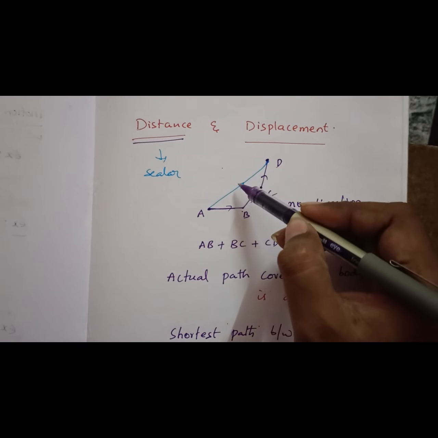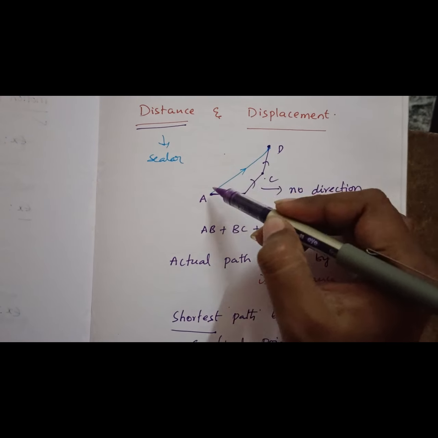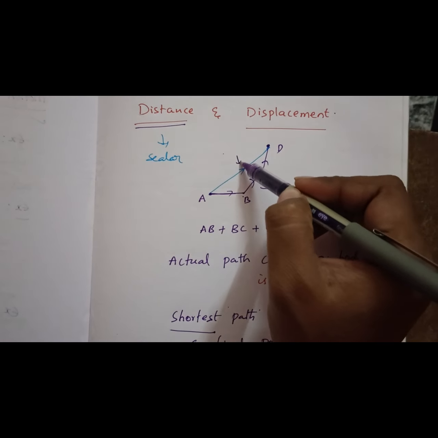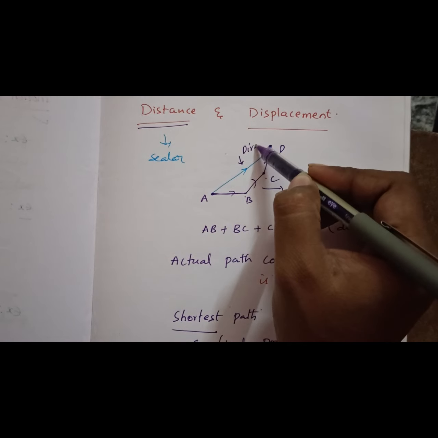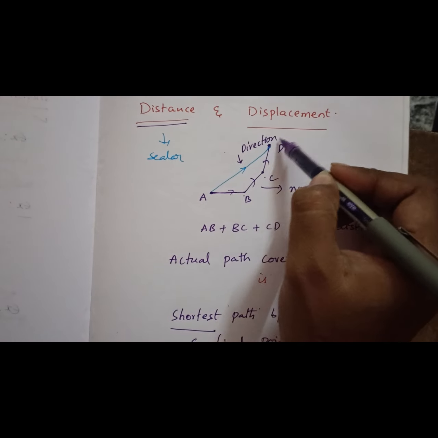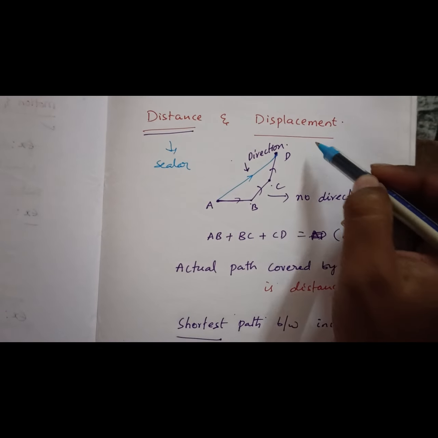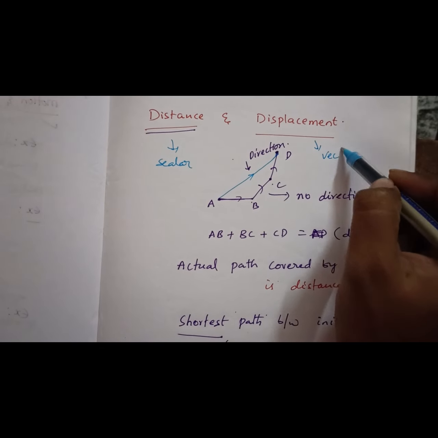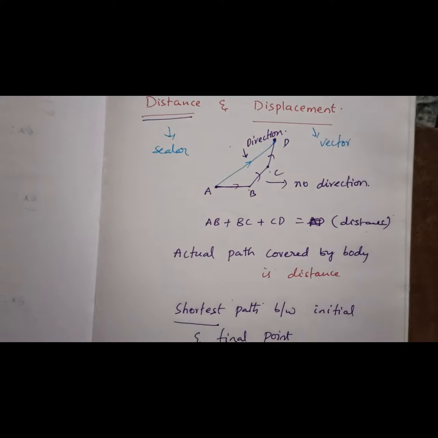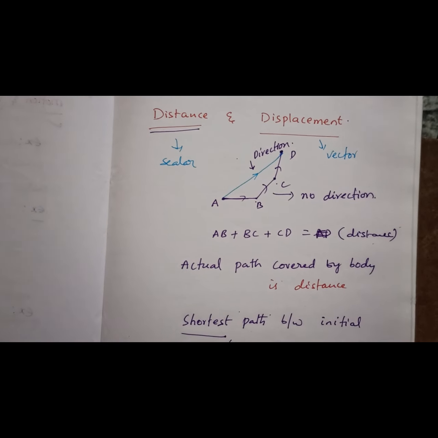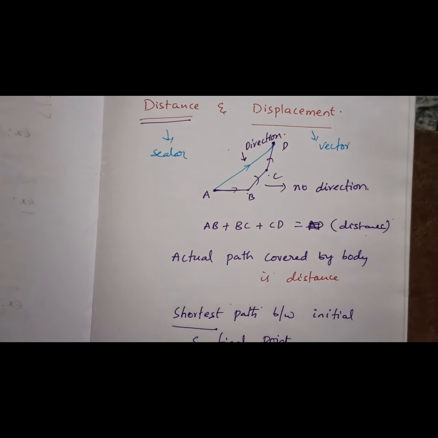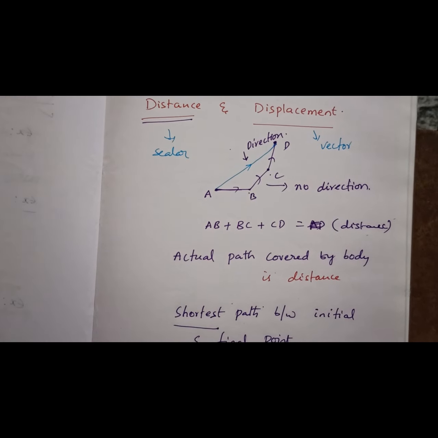Now, in displacement, A to D, it is a straight path. It has direction. So, displacement is a vector quantity. Distance is a scalar quantity. Displacement is a vector quantity.